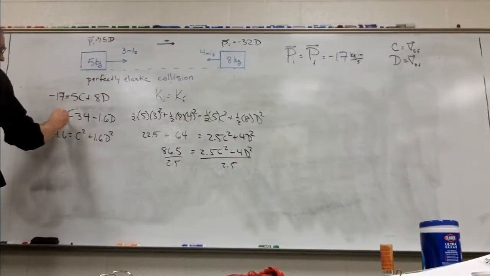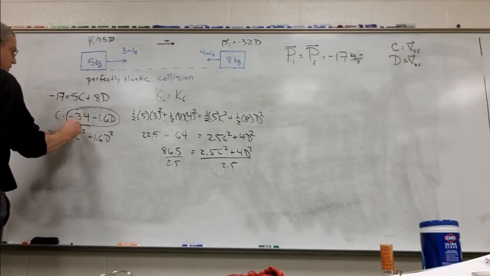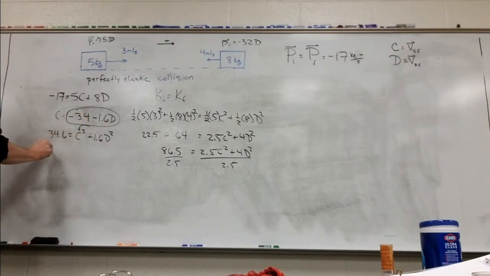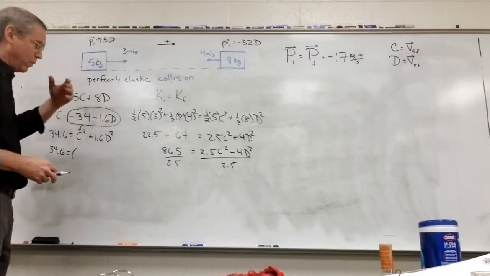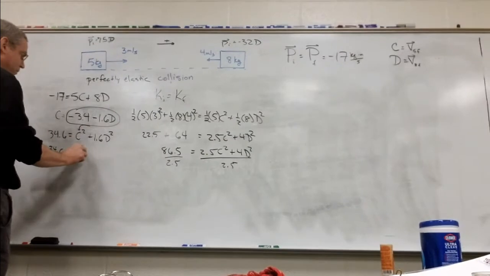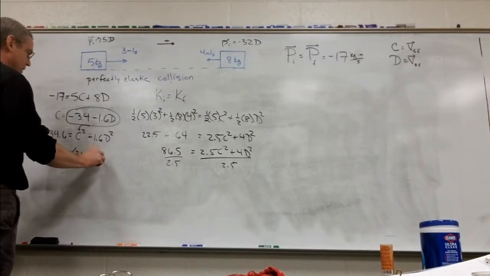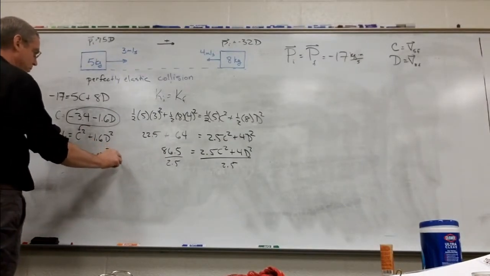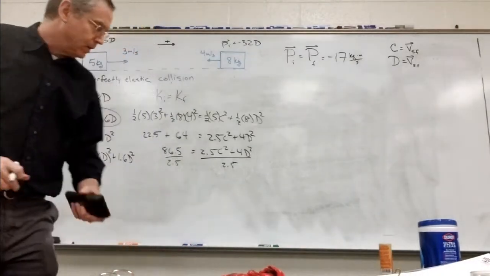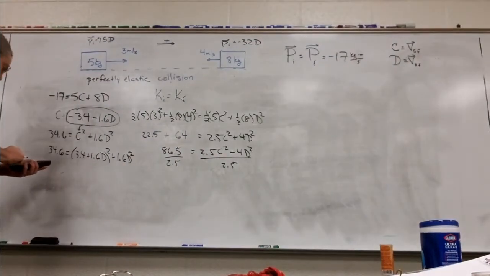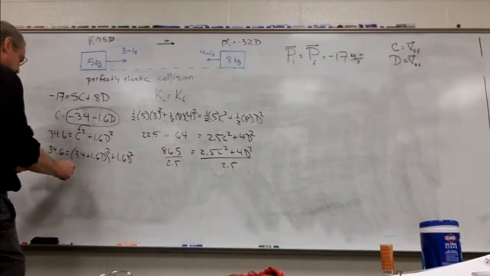So I have my value for C here, which I'm going to plug into there. So I have 34.6 equals that squared. So that, again, the negative there will get squared away. So we get 3.4 plus 1.6 d squared plus 1.6 d squared. And so 3.4 squared, 11.56.